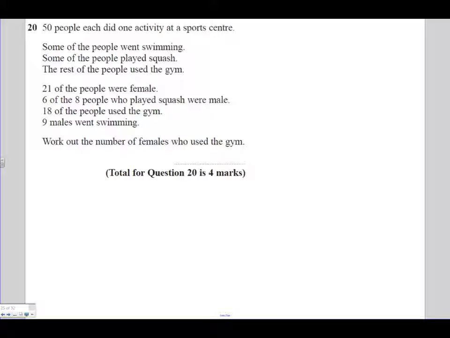One of the best ways to address this problem is to draw up a table of all the activities and put in the information that we know to find out the information we don't know. So people either went swimming, played squash, or went to the gym.